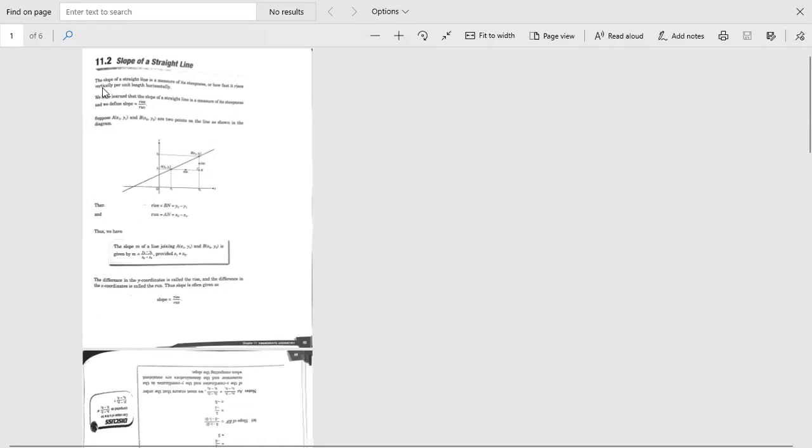So we want to see the definition, okay? We want to see this one here, the straight line. This is the slope. We want to see this is the straight line of the slope.